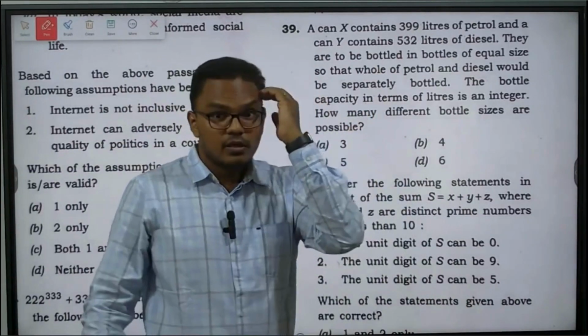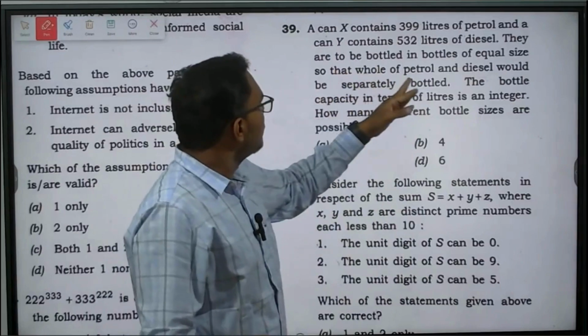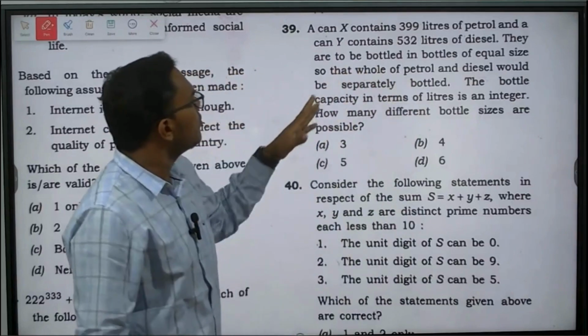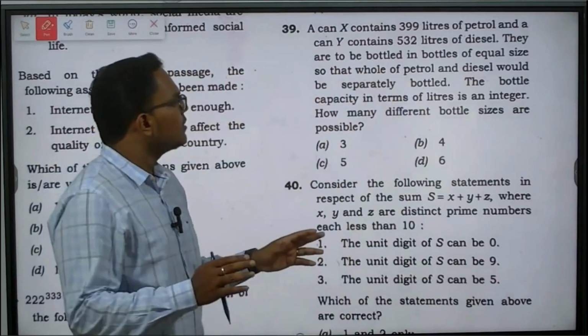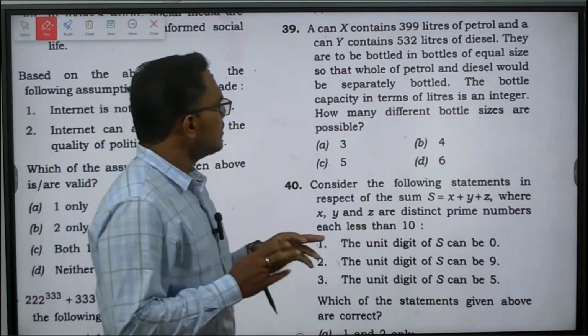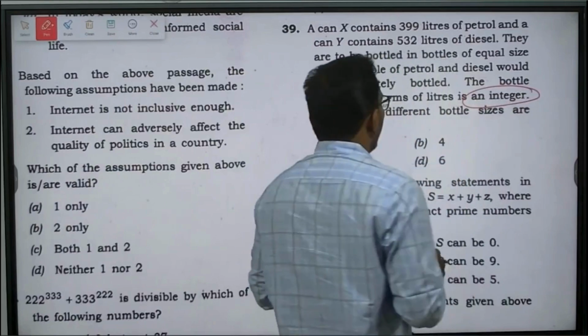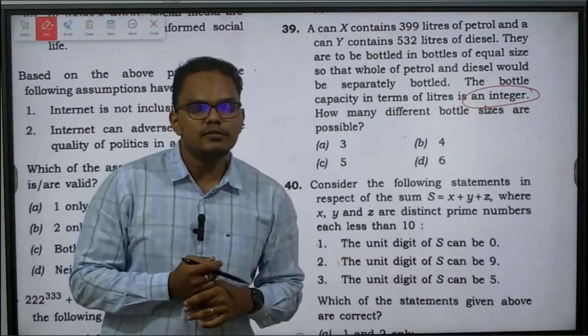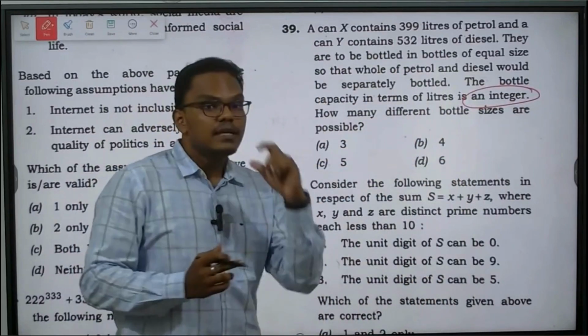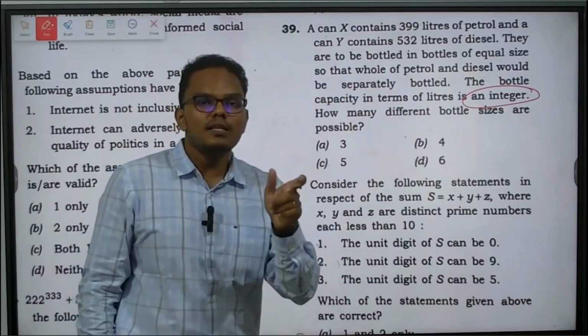Diesel is more. You have to bottle them in bottles of equal sizes, so that the whole of petrol and diesel would be separately bottled, and the bottle capacity in liters is an integer. This is important. And how many different bottle sizes are possible? They are not asking the sizes of the bottle, they're asking how many sizes are possible.